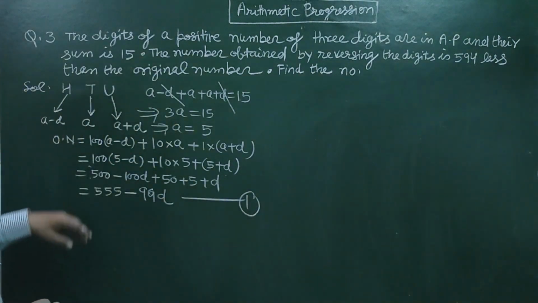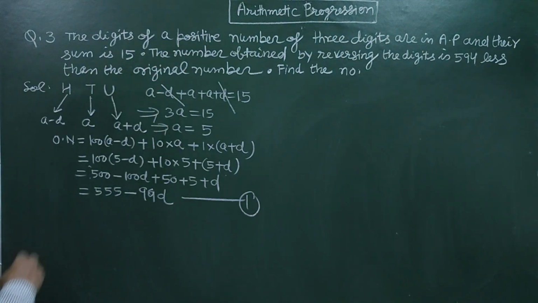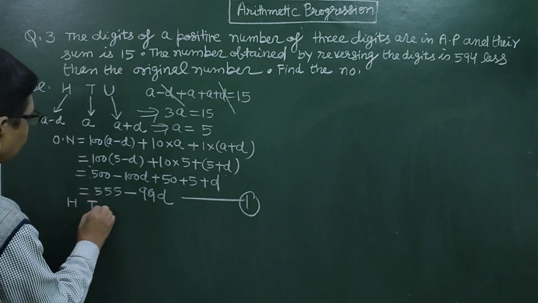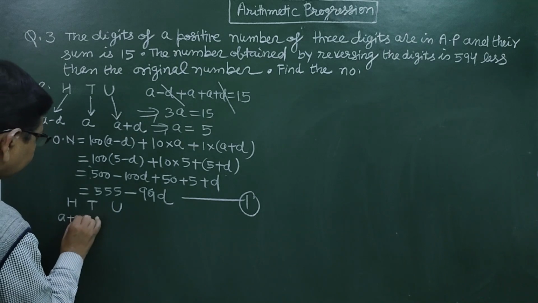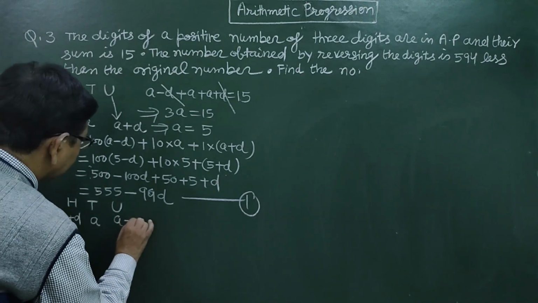So this is the value of the original number. Now, the number formed by reversing the digits. If we reverse the digits, then a plus d will be at the hundreds place, a at the tens place and a minus d at the units place.